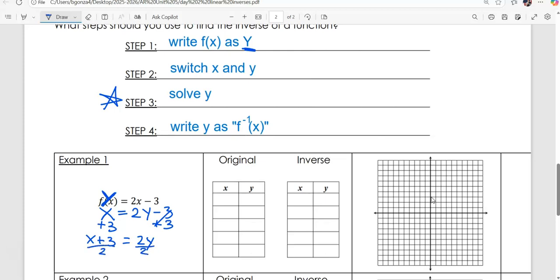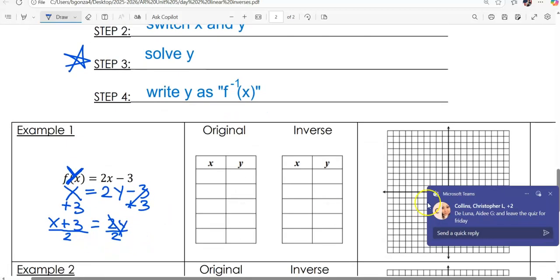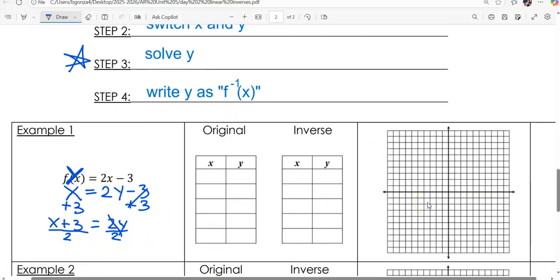Yeah, you can, but this is the most important part. Last step.